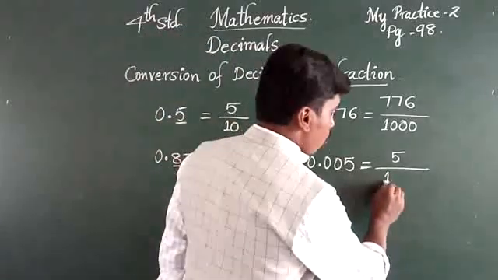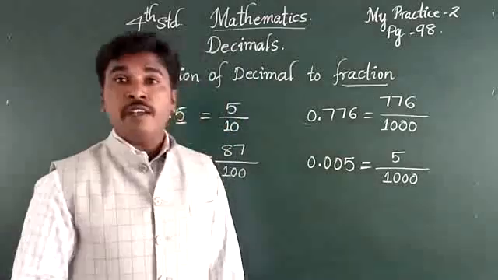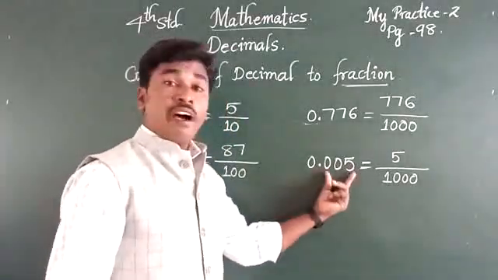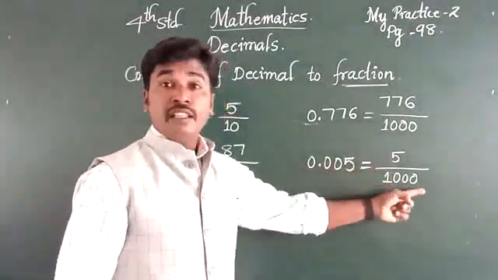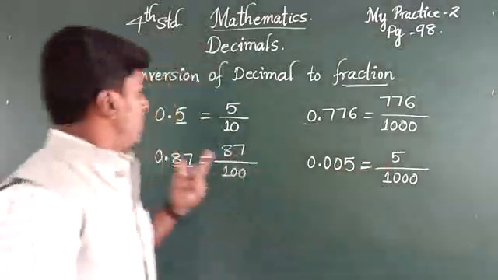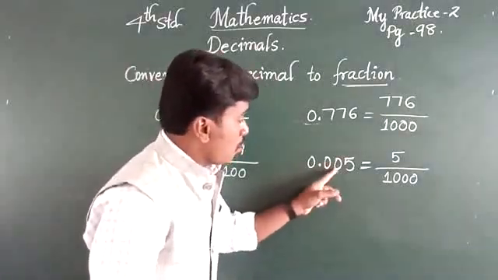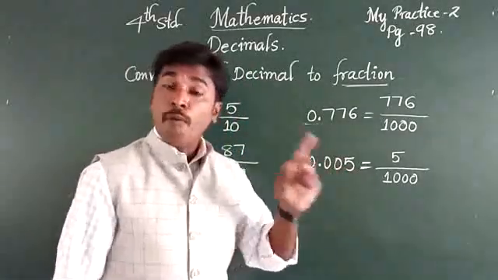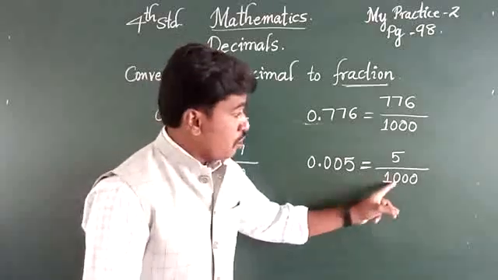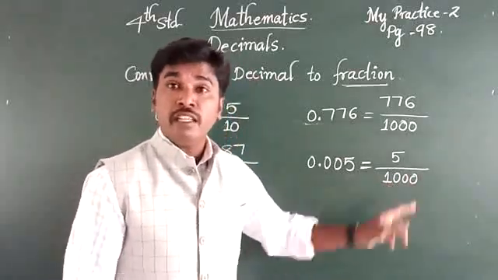That is 1 followed by 3 zeros, it is nothing but 5 by 1000. So don't write 5 by 10. 5 by 10 is nothing but 0.5. Here the number of digits is 3. Write such number of zeros followed by 1. That is nothing but 1000.